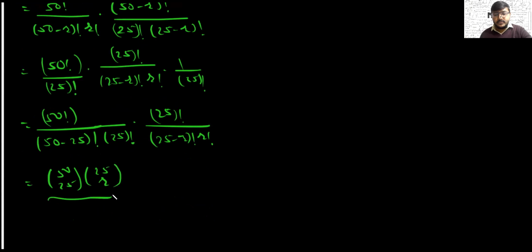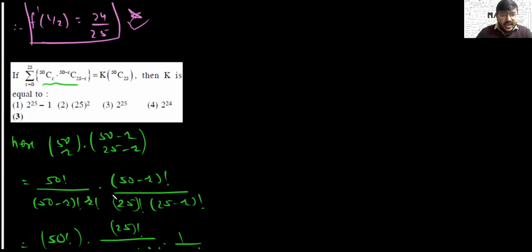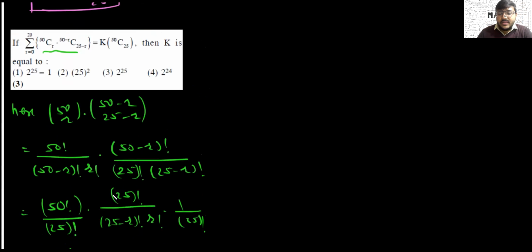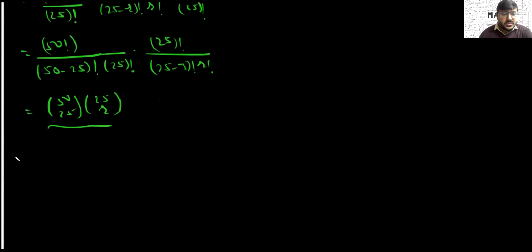Just check. Whatever term we have, I convert that term in the form of 50C25 into 25CR. And now just check. The term which you have on the right side already has 50C25. So now what is given to us?